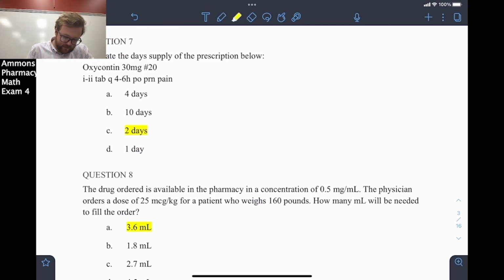Okay, day supply. I'm not going to highlight because really right here we need to focus on how much are we giving them. I'll go ahead and highlight. We're giving them 20. Okay, so when you're confronted with 1 to 2 or 4 to 6 hours, you are going to ask yourself, if he takes it the most that he can, how long is it going to last him?